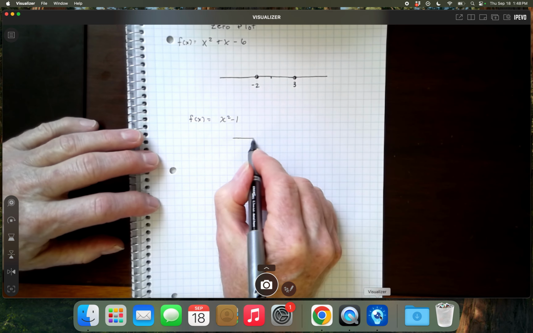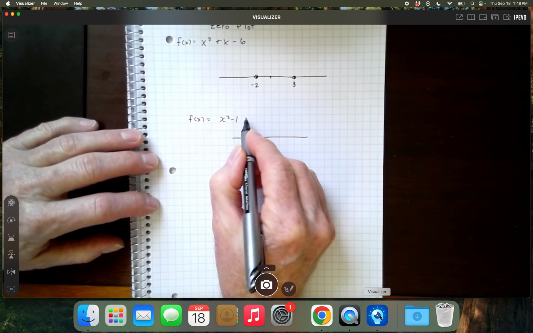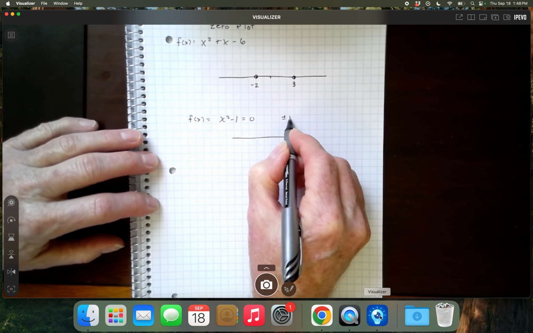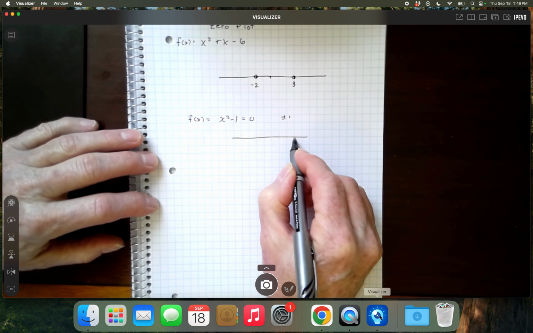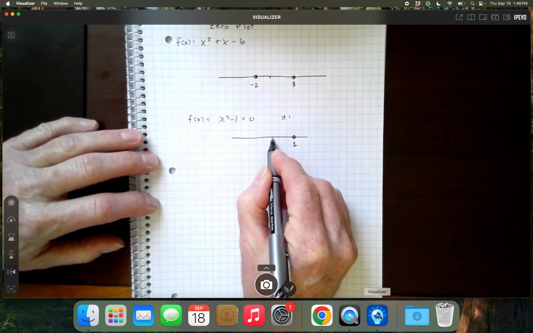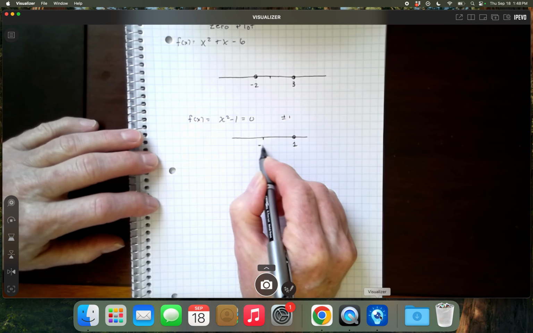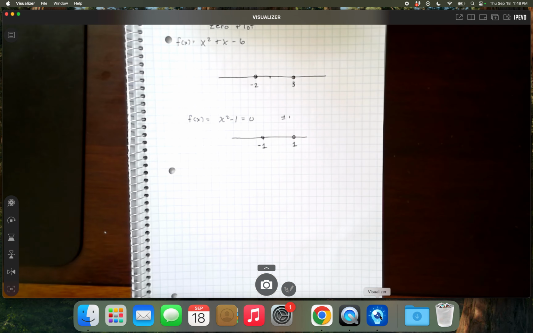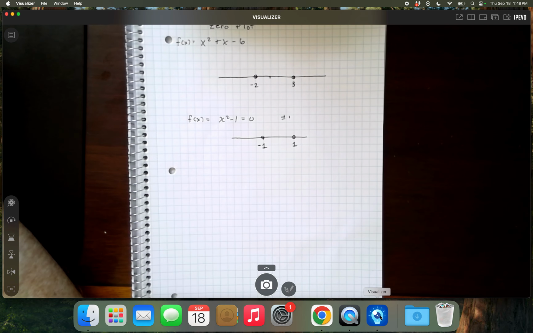Here we go. You set that equal to 0, and you know the answer is plus minus 1. So over here at 1, I have a 0. And over here at minus 1, I have a 0. That's the beginnings of a zero plot.